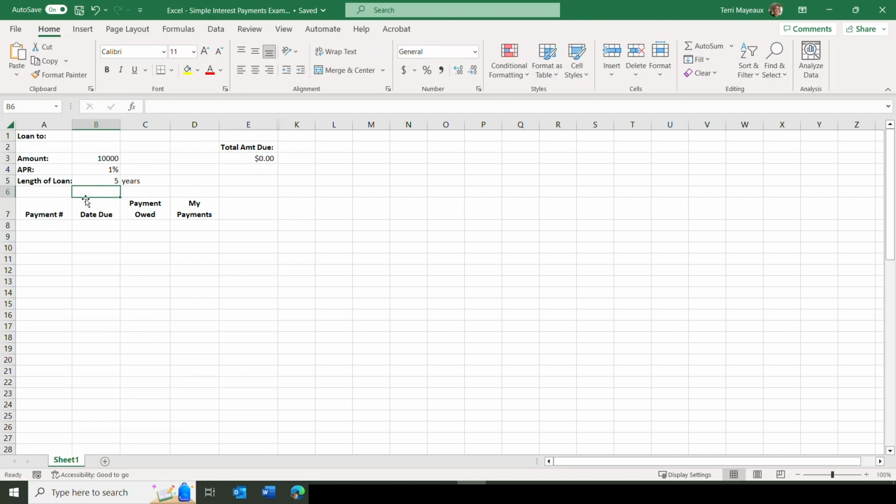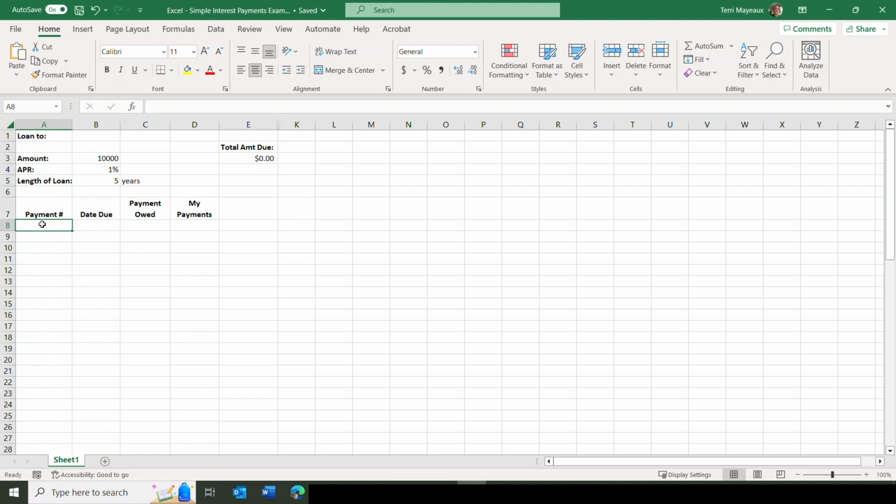And then from here, I have some ideas of how I want this spreadsheet to look. So while the payment number isn't needed, I like to see where I am. Am I on payment 25 or am I on payment 50, for example? And so that is something that I may decide to add even if it is not required for our first function.